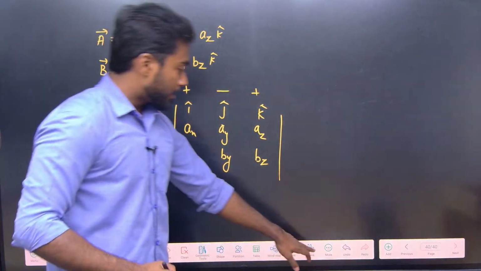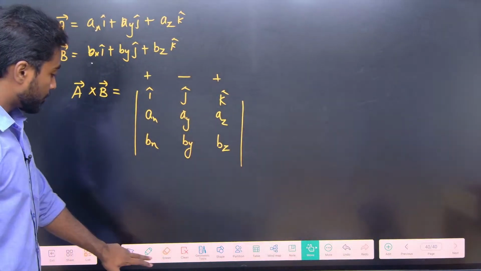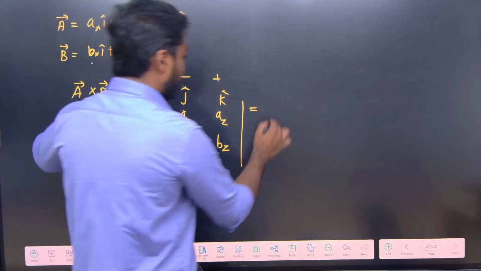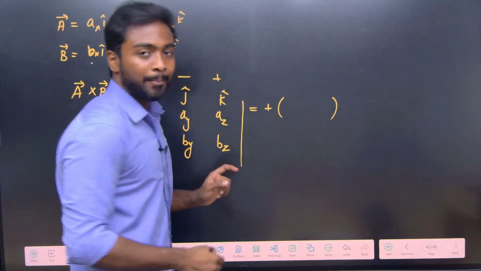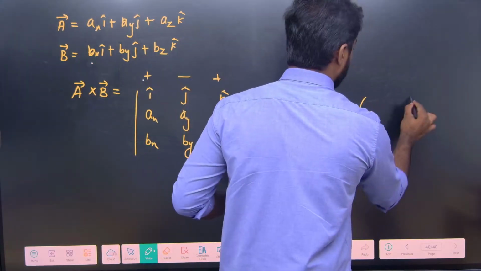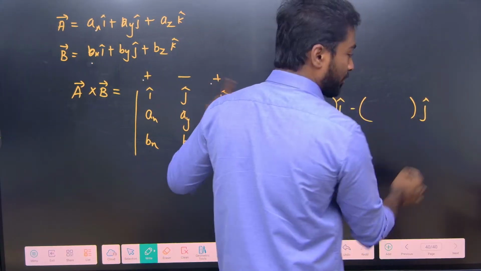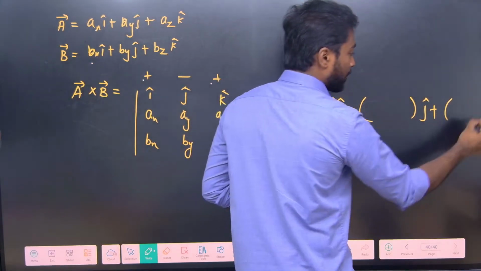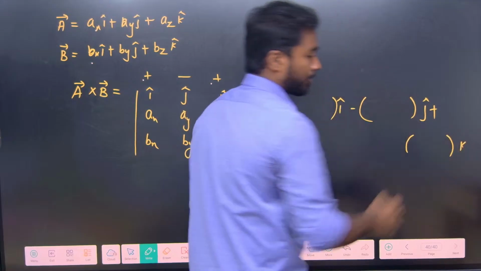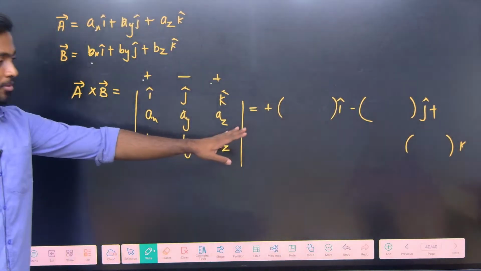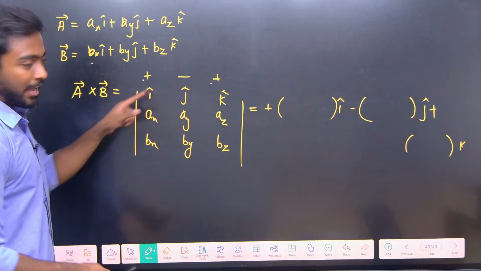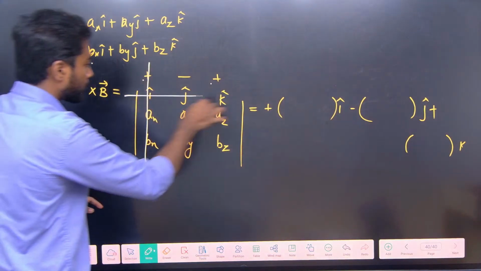The next thing is again equal. What is the symbol? Plus. Give a bracket. This is i cap. What is the symbol? Minus. Give a bracket. j cap. What is the symbol for k? Positive. Again a bracket, k cap. Up to this fine, no? When I am going for i cap, close this one.